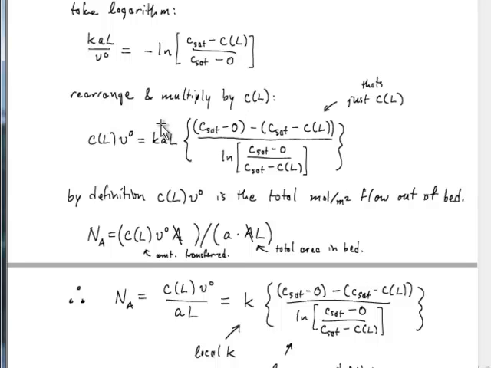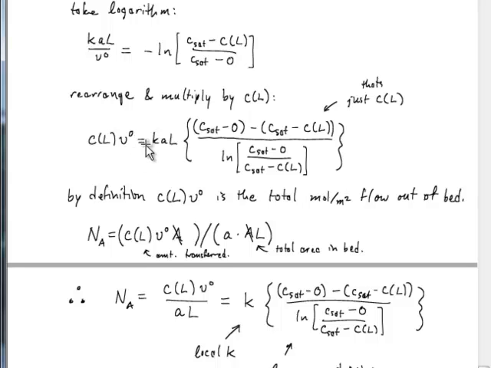Then what we find is that we can write down the velocity times the concentration exiting the bed, which must be related somehow to the flux of benzoic acid into the liquid over the course of the whole bed, right? This is the benzoic acid leaving the bed. There was no benzoic acid coming into the bed, so this must be the amount that's come into solution due to this dissolution process.